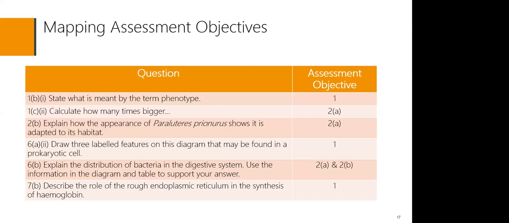Explain how the appearance of, I won't try and pronounce that, show it is adapted to its habitat. And again, this is using information that will be in the question. So it's 2A. Candidates are applying their biological understanding of adaptation using information provided to them.